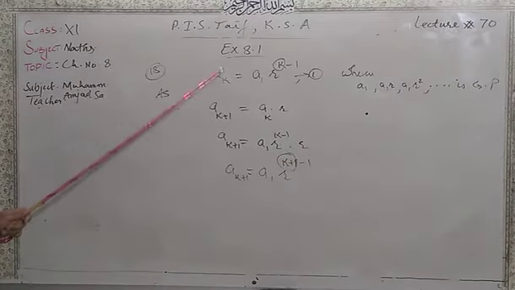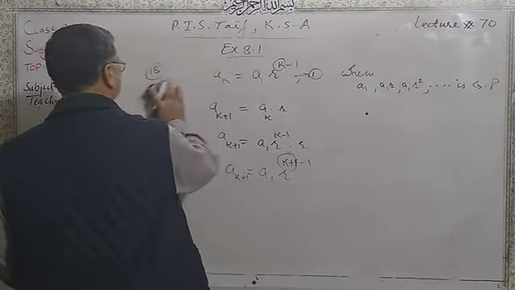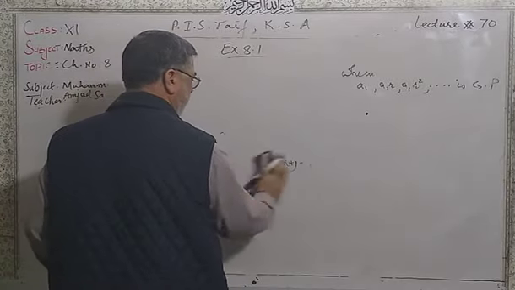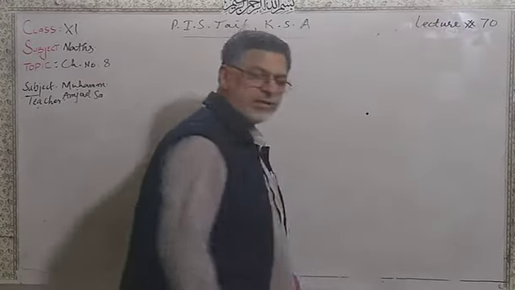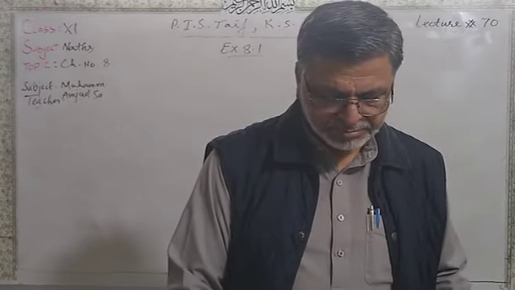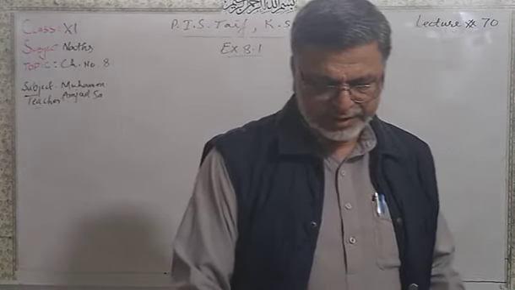So what is true for n is equal to k is also true for n is equal to k plus 1. Hence formula is true for all positive integral values of n. Dear students, that was your question number 18.